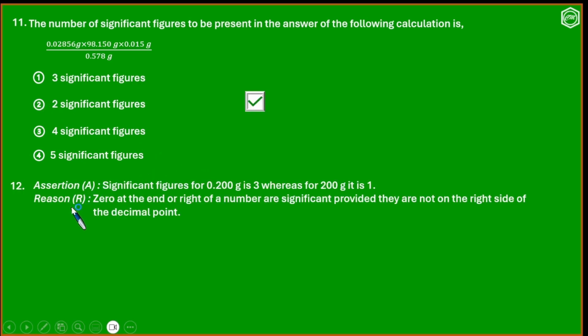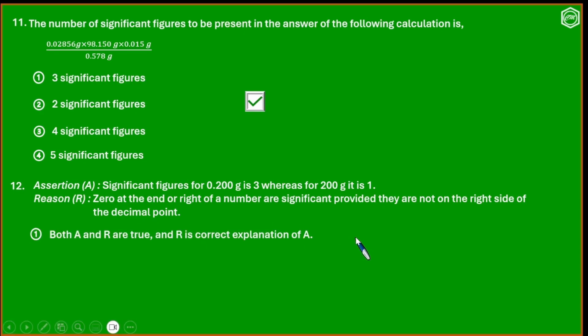Question 12, an assertion reason type question. Assertion: significant figures for 0.200 gram is 3, whereas for 200 gram it is 1. Reason: 0 at the end or right of a number are significant provided they are not on the right side of the decimal point.